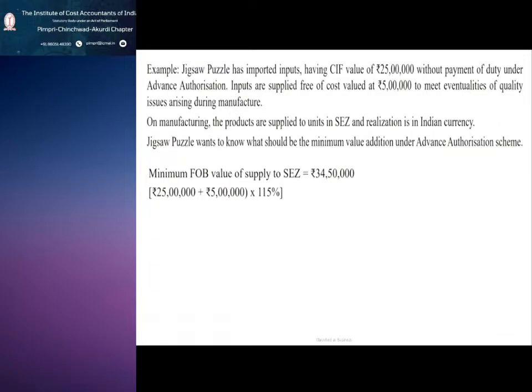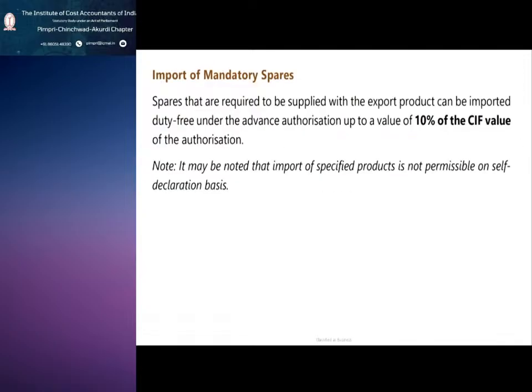So total 30 lakhs, and on 30 lakhs our value addition, we know, is 15%. So 115%. So using this raw material, we should show to the department that we have satisfied our export obligation, that we have made our export sales to the extent of 34,50,000. So this is for the value addition. We need to remember the minimum value addition as well.